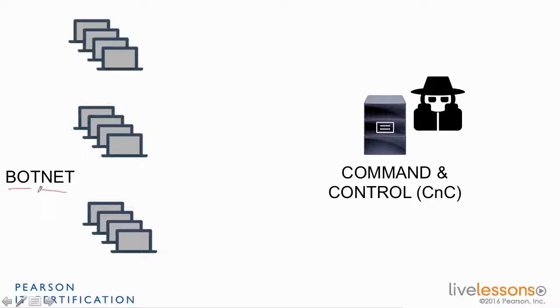The bots are controlled by a command and control server, otherwise known as the C2 or CnC. Historically, the command and control communication was done over Internet Relay Chat, or IRC. But nowadays this can be done over encrypted channels such as TLS, SSH, or even IPsec tunnels.